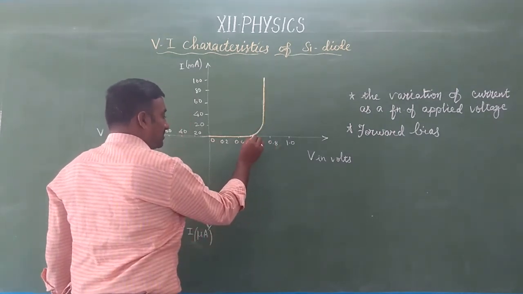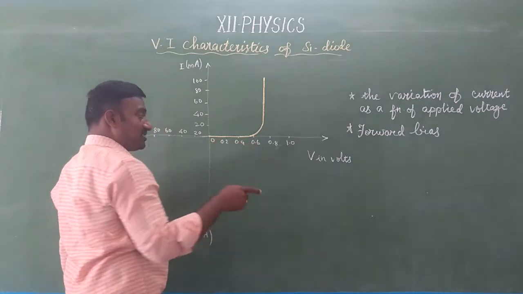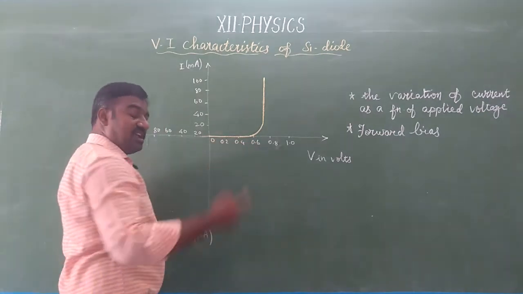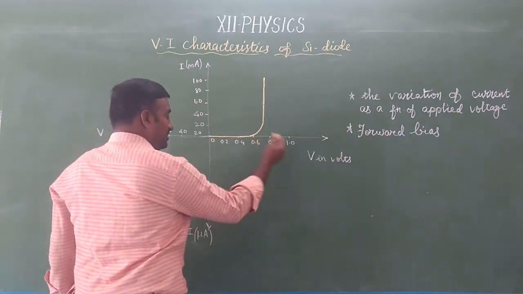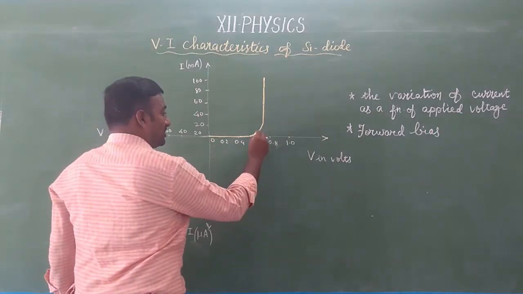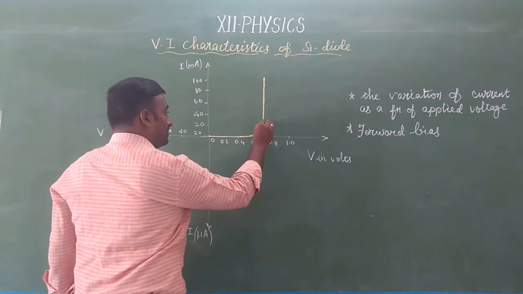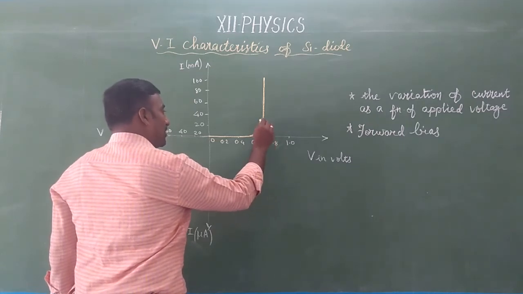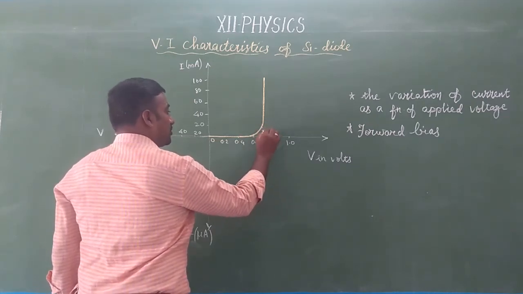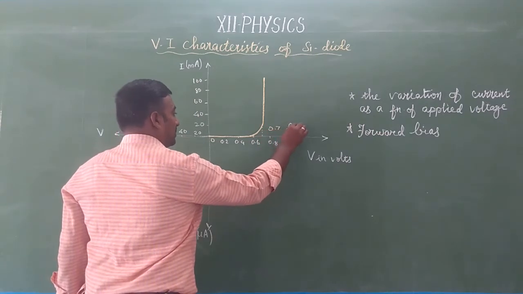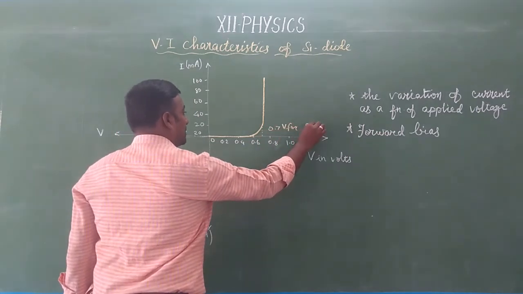Till 0.6 volt, the current is relatively negligible. But if you increase further from 0.6 to 0.8, in between at 0.7, this is the voltage for a silicon diode.